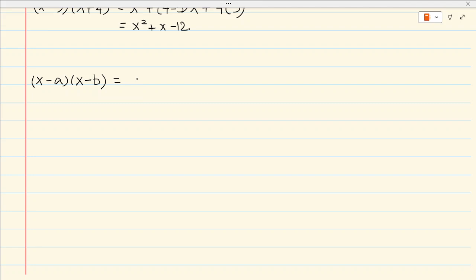We will write it as x square plus minus a minus b, plus the product of a and b, which becomes plus ab. So it will be x square minus a plus b, where I have taken the minus sign common, plus ab, correct.